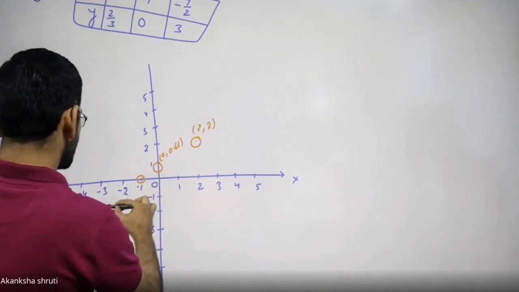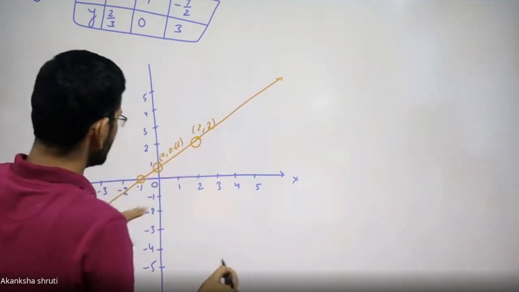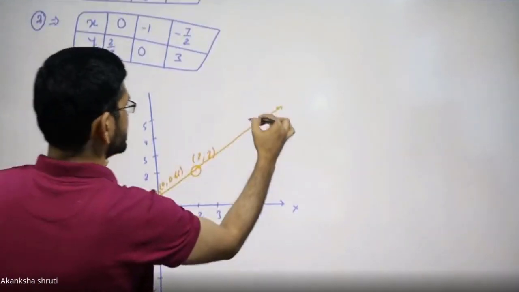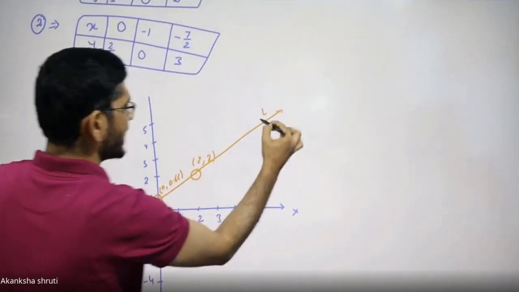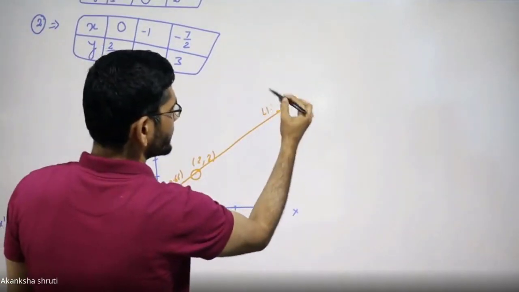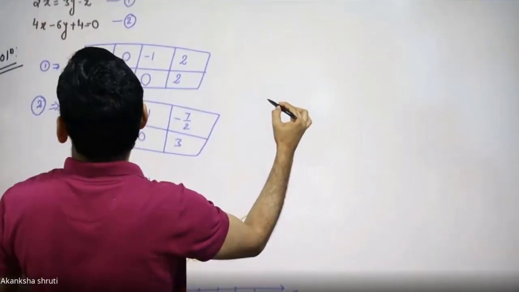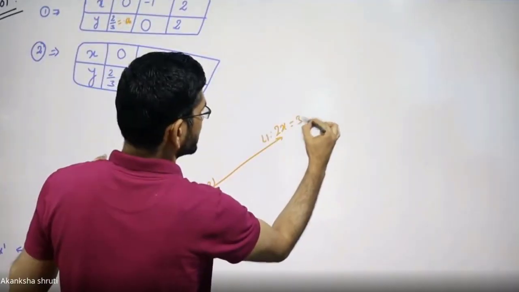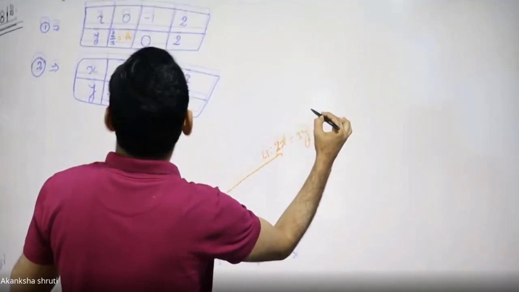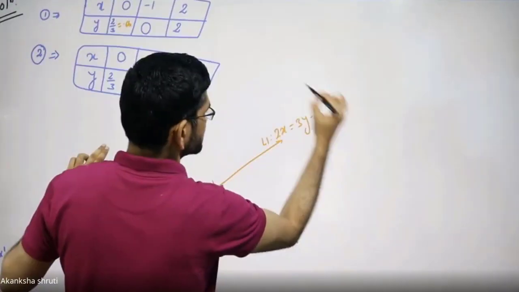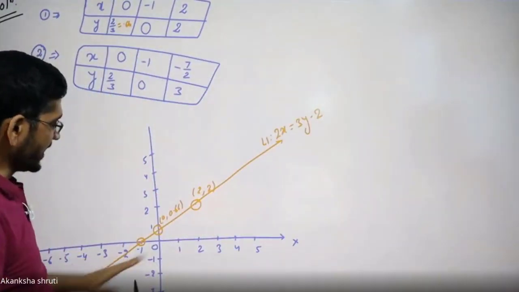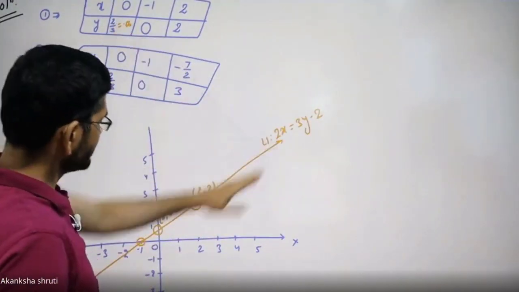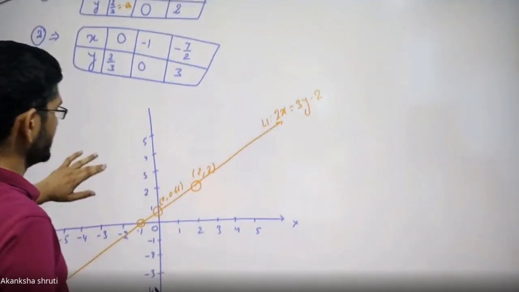Joining this, we are getting the line for equation 1, which is our 2x is equals to 3y minus 2. So for the line 1 or equation 1, we have drawn this graph.